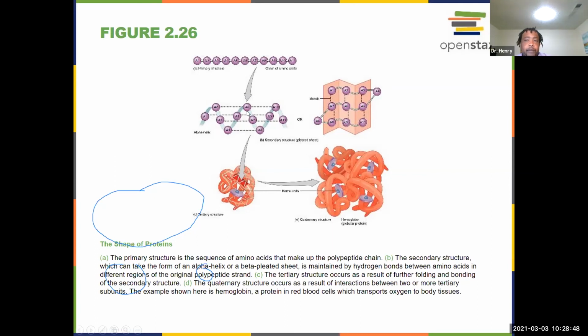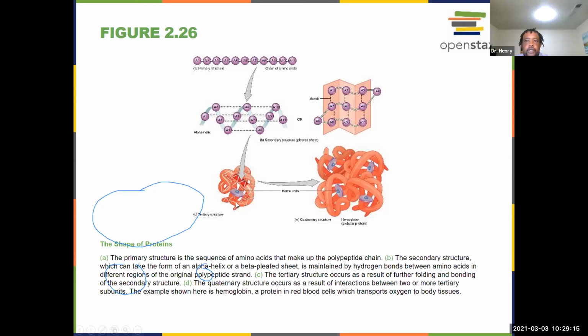Sometimes you'll have a protein that has both alpha helix and beta sheets. You're not going to have one or the other. You could have an area that's an alpha helix, and another area that's a beta sheet. The interactions between each of the different amino acids to form that secondary structure, that's called our secondary structure, right? Then we have what we call a tertiary structure.